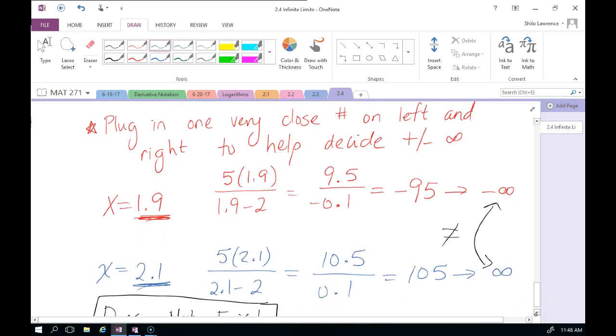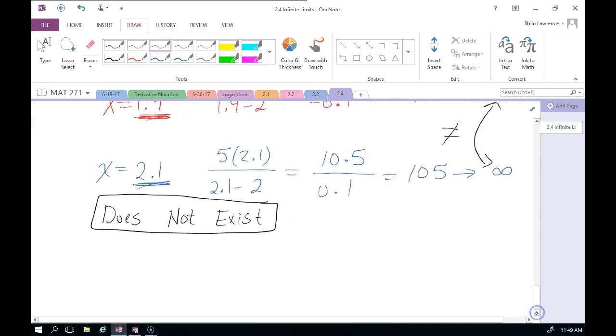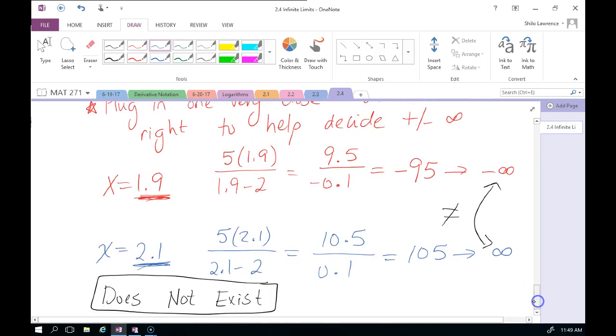So if we don't want to have to look at the graph or make a table, we could just see what's happening on the left and the right. We can just pick a number really close on the left and the right. Don't go too far away, because some of these graphs could cross the x-axis and flip-flop signs. We want to stay really close to our target x value.